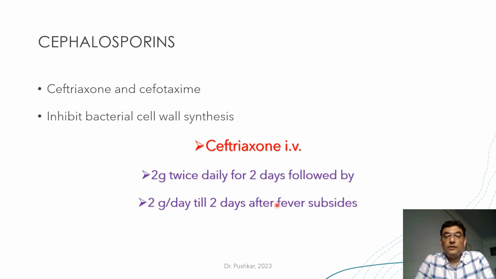Okay, so if the patient has fever today, then you will give 2 gram 2 times a day for 2 days, and then you will continue with such as 1 gram 2 times a day, and you will continue till the fever stops. And when the fever stops, then also you will continue for the next 2 days for 1 gram BD. Okay, so that is the dose of ceftriaxone.